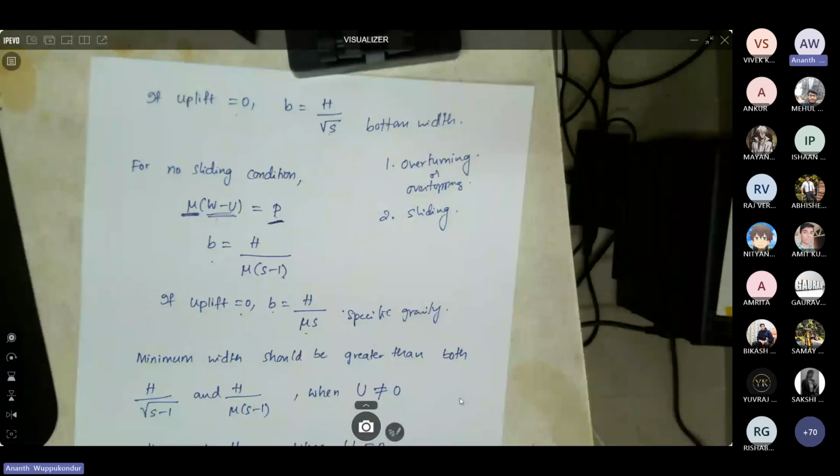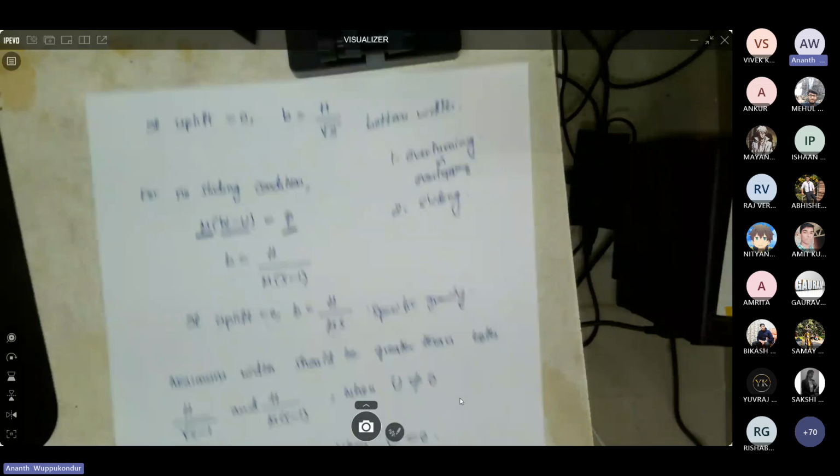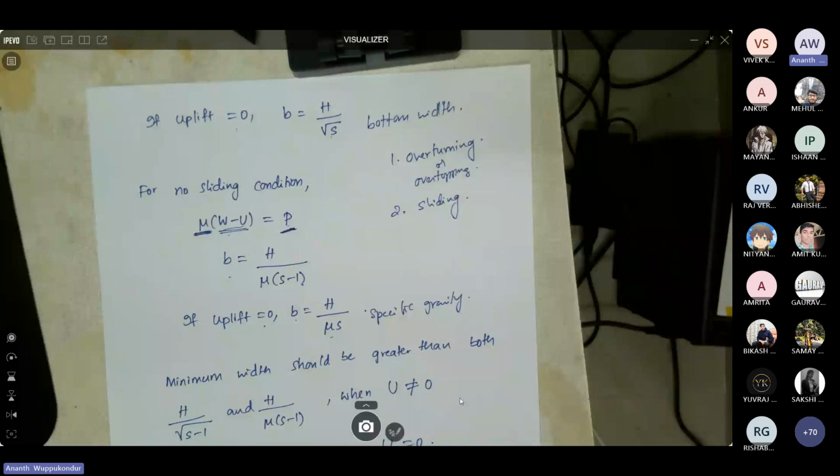So earlier we calculated the base width based on overturning. Now we have calculated the base width based on sliding. So the final width of the dam should be higher than either one, whether because of overturning or sliding.